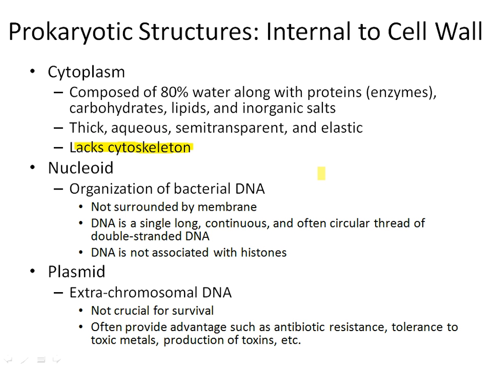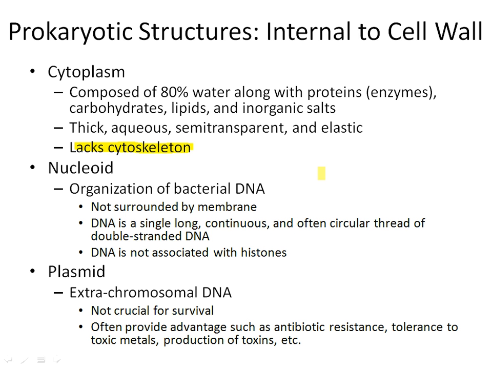Alright, that's not real interesting. What is interesting is that prokaryotic cells have extra DNA. In addition to the DNA they just have hanging out over here in their nucleoid, they have extra DNA called plasmids. Plasmids are not something that a bacterial or prokaryotic cell has to have.